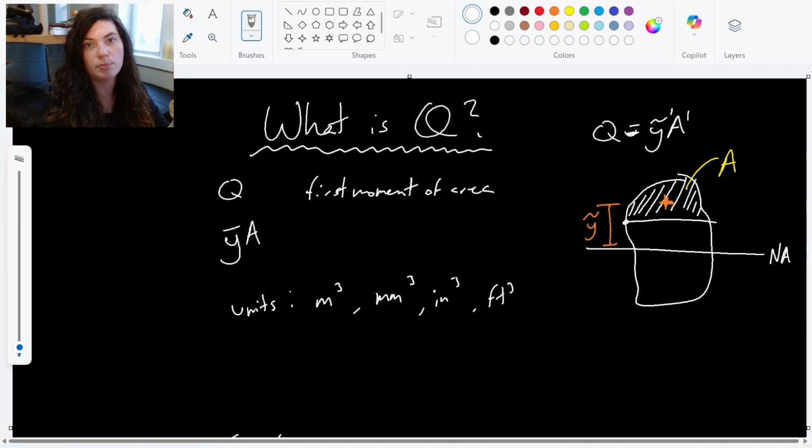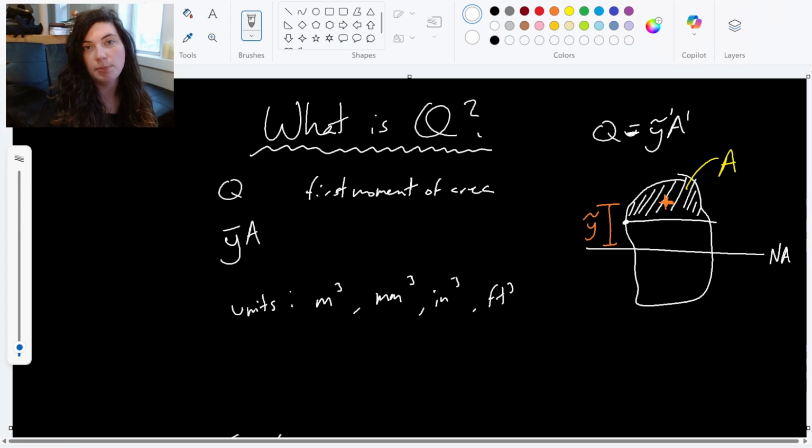I can use this representation to get something tangible, something that makes sense as a real world answer, even though Q as its own term doesn't really have any real world value. We need to put it into other things to give it meaning.